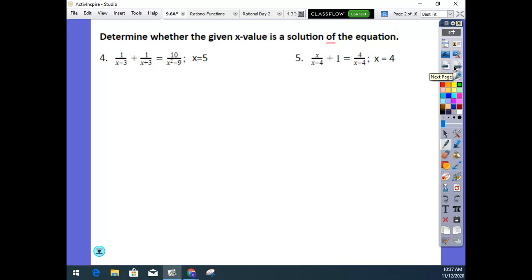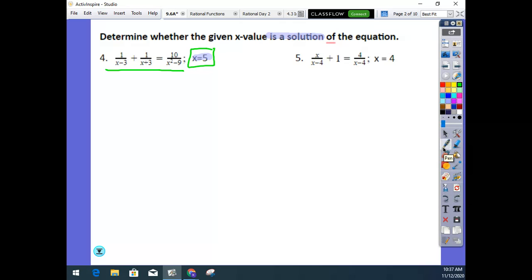For these, you're just plugging in one value for each problem. Does this number make this whole equation true? The answer to every equation are the answers that make the equation true. What they're wondering is, is this a solution?